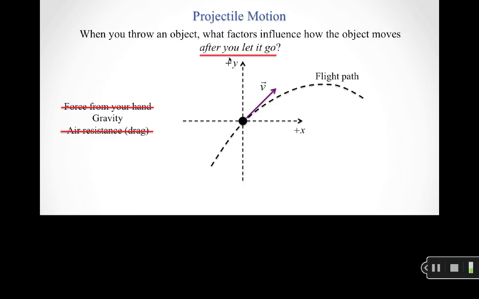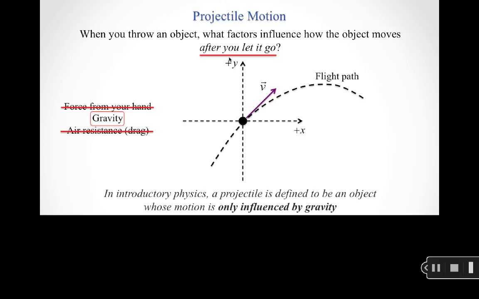So we're going to say we don't need to worry about air resistance unless we have a very special situation like a balloon. Right? A balloon clearly doesn't fly across the room the same way a ball does. But for almost anything else, air resistance is going to be negligible. We're not going to worry about it, which means that the only force that acts on our object after we let it go happens to be gravity.